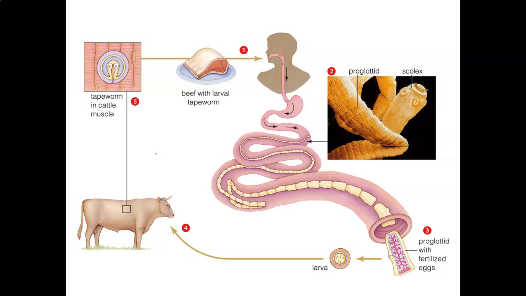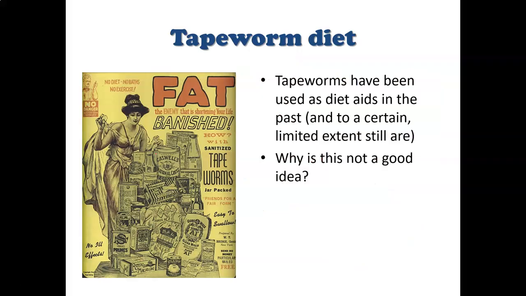But the symptoms of tapeworm infection, you basically lose a lot of weight, even though you're eating a lot. And so some people have taken that as sort of like, well, that's a good thing, right? And they have in the past used tapeworms as a dietary aid. And in fact, you can still buy sterile tapeworms, right?